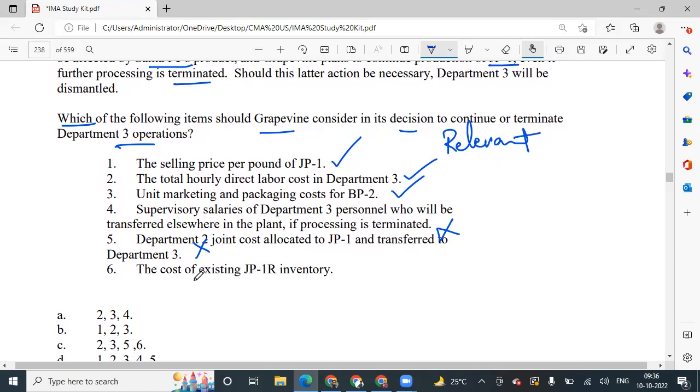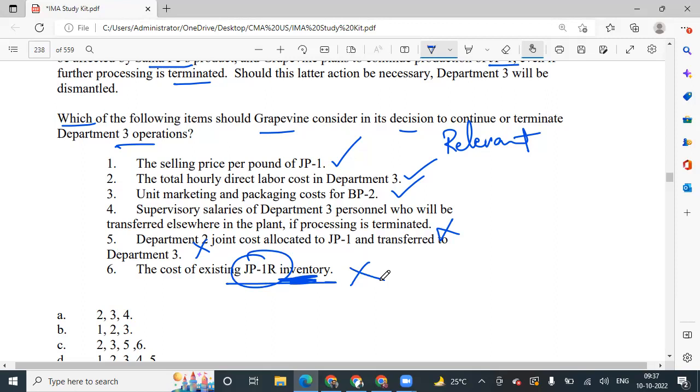Then the cost of existing JP1R inventory. So this inventory, which has already been produced, why should I take it into consideration at all? JP1R is not at all a relevant cost because it's already been produced.